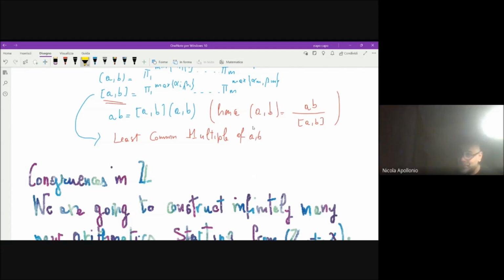than the algorithm we saw, the repeated Euclidean divisions, because look at the denominator, you have to find the least common multiple.